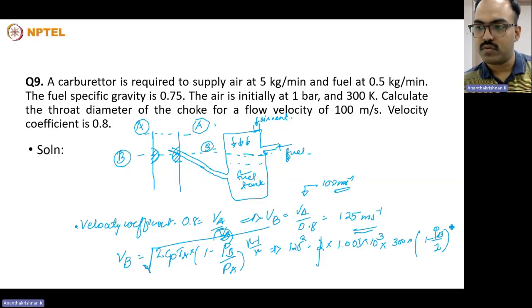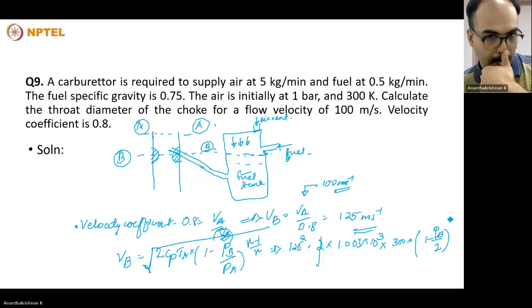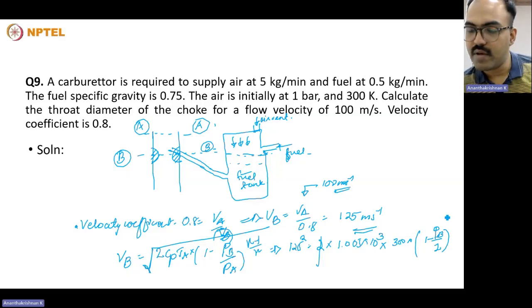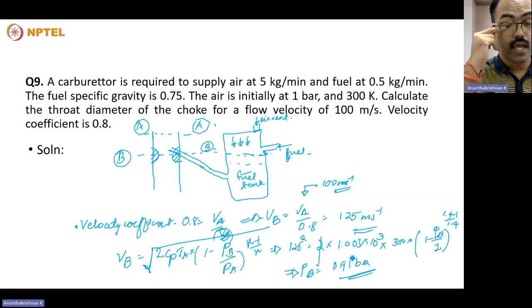The pressure at point B is something that we do not know, and gamma will be 1.4 for air. We substitute that, and the only unknown in this problem is the pressure at point B, so we'll get it as 0.91 bar. So it's less than the pressure at point A, that is the incoming air.